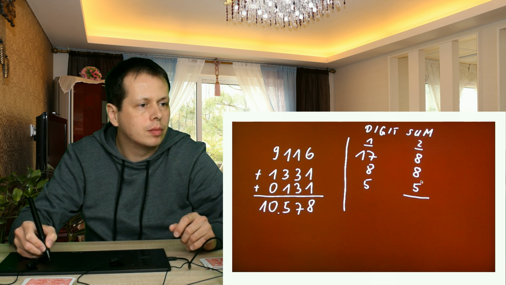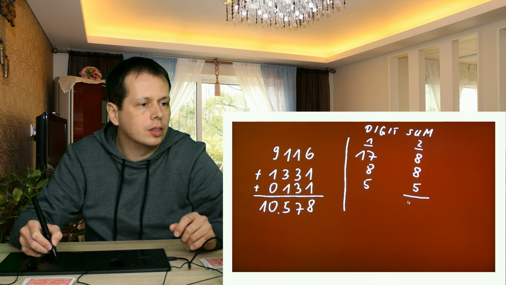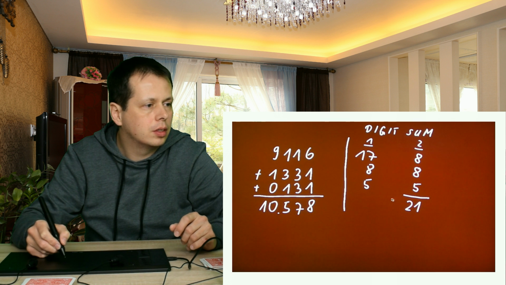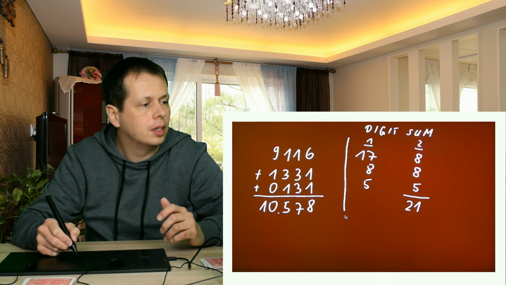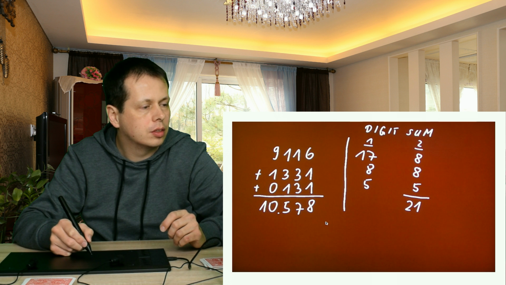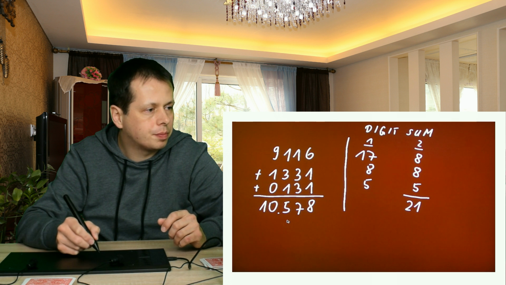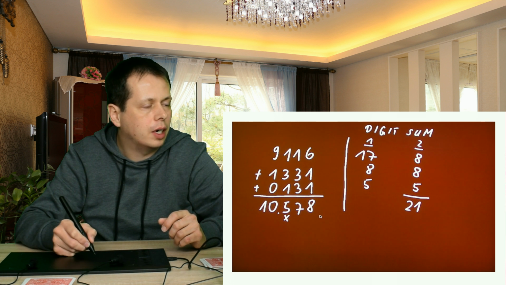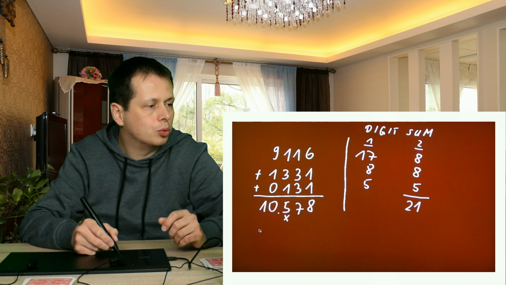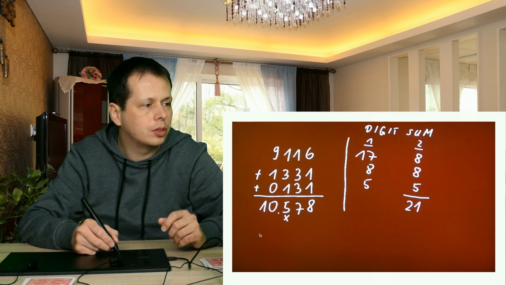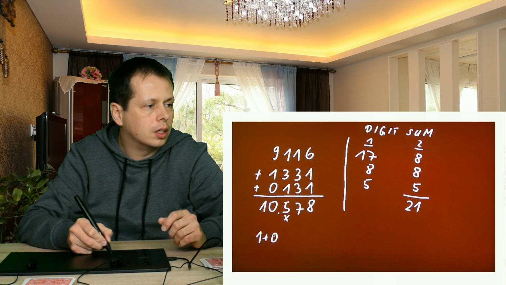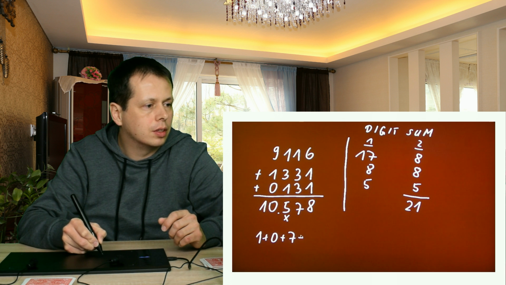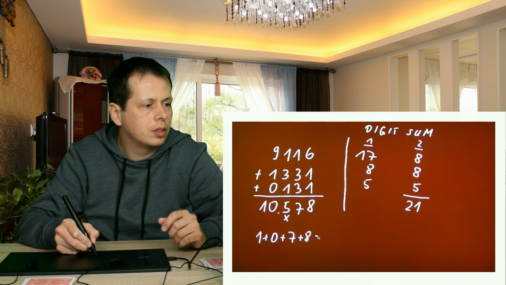Okay, so then we sum this, and this is 21, and your friend, colleague, or relative selects maybe the 5 and has to tell you the other digits. 1, 9, 7 and 8.